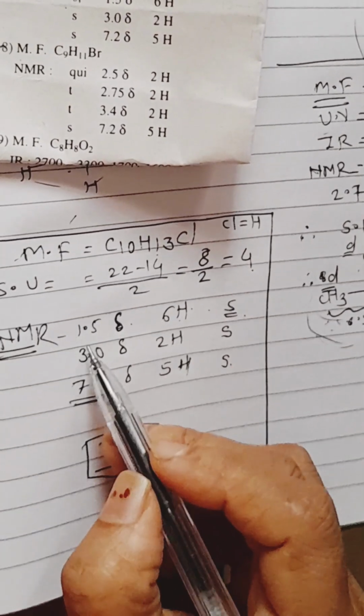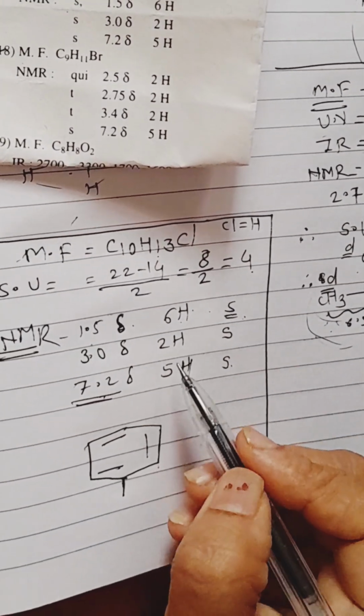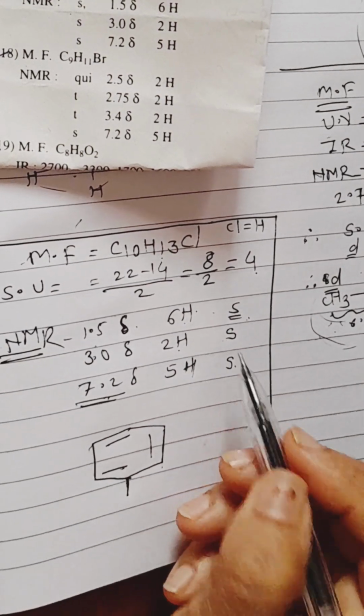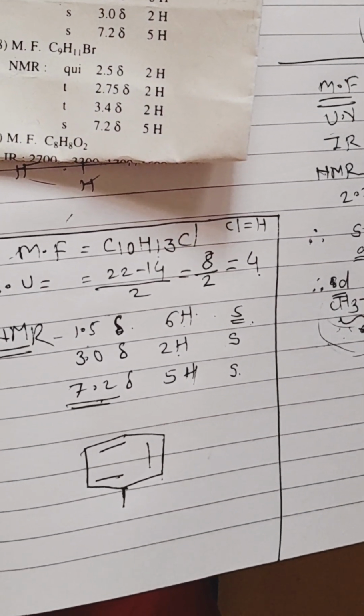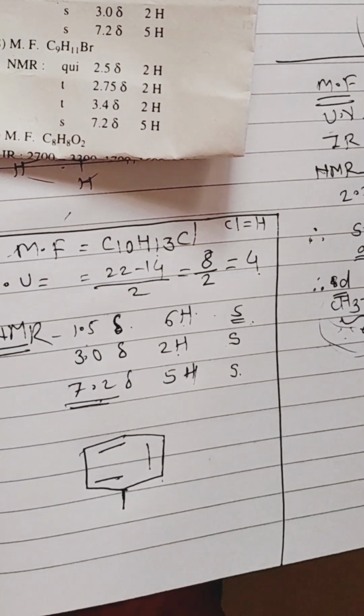Now we should find the remaining group. 6 hydrogens show a singlet and 2 hydrogens also show a singlet. Then what is the possibility? Here is the monosubstituted ring, and the possibility is like this.